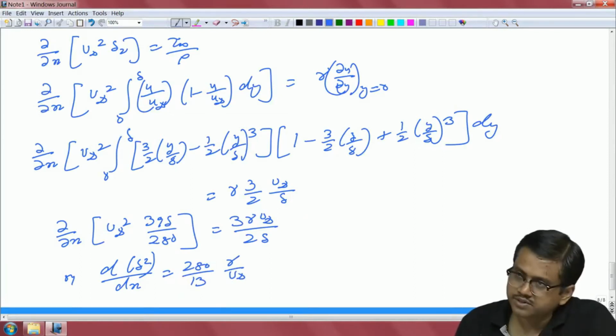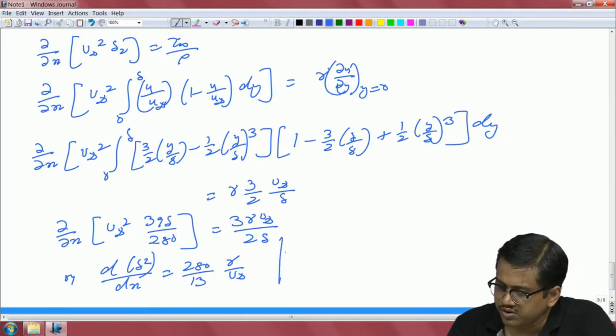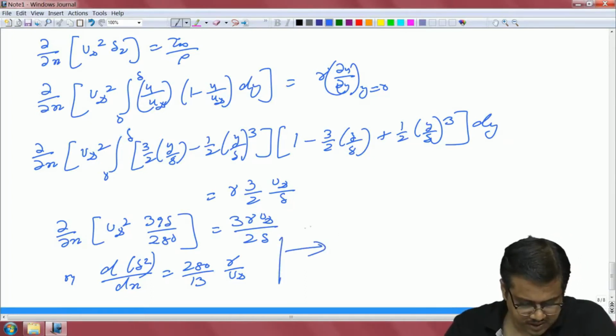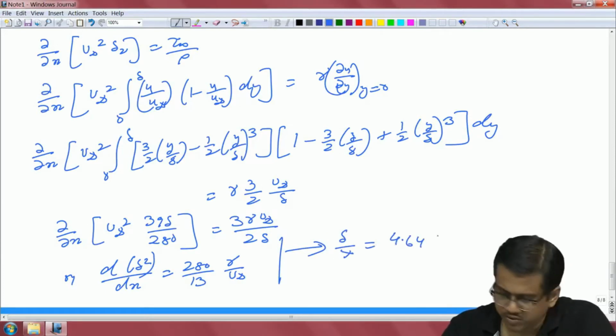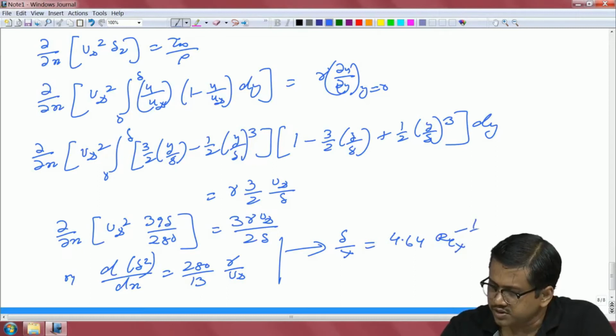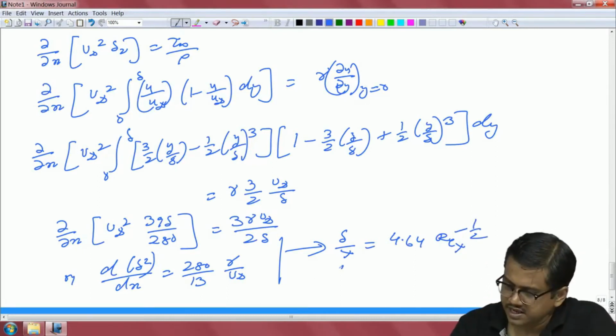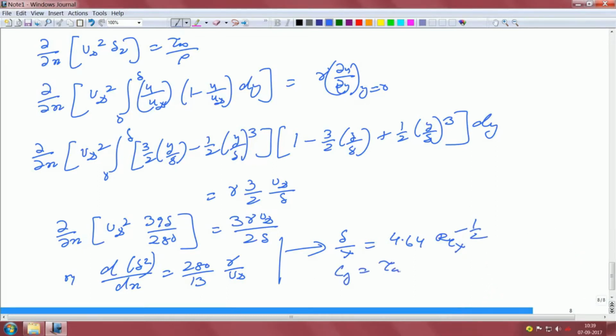Now it is very easy because delta only depends on x, that we already know. So, in this particular case, if you do this, you will get delta by x equal to 4.64 into Reynolds number x to the power of minus half. Cf will be given by tau wall by rho u infinity square. So, you see that by using this simple enough expression, we have got this result, which is 4.64.